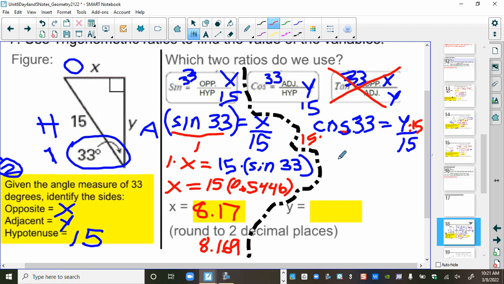So in the end, to get that y value, it's just going to be 15 times cosine of 33. So all you have to do is just type in 15 times cosine of 33 in your calculator, and you'll get your value of y.